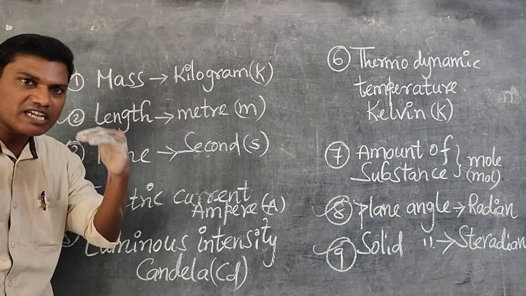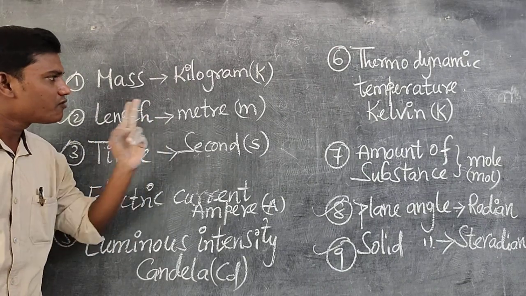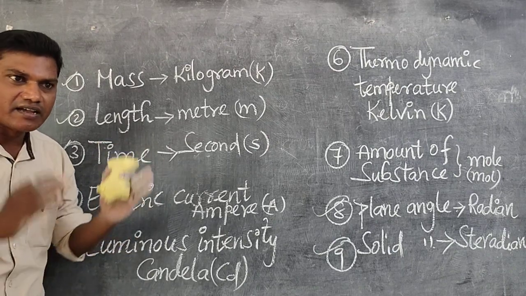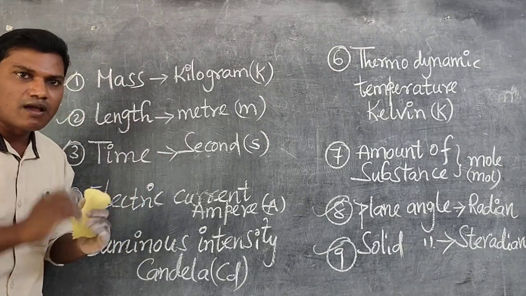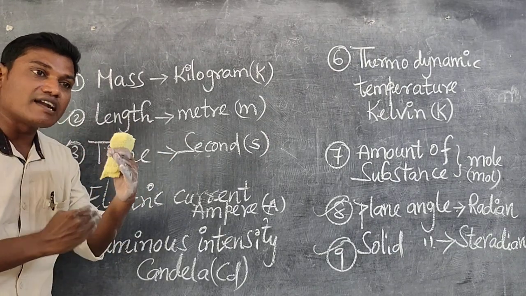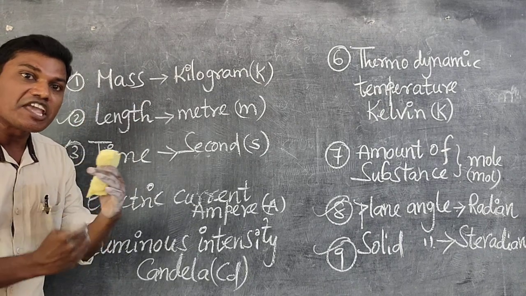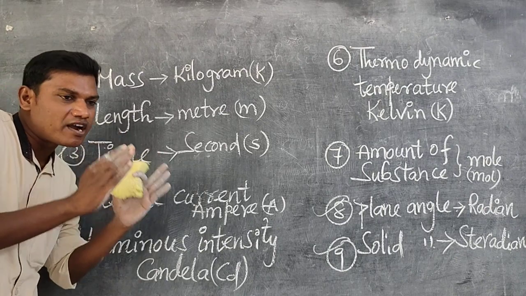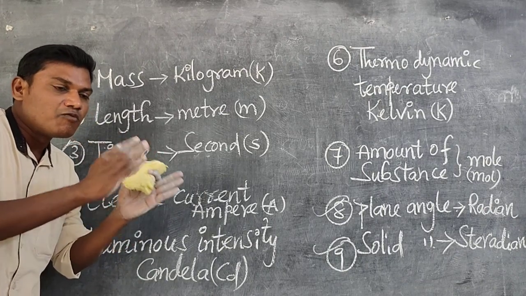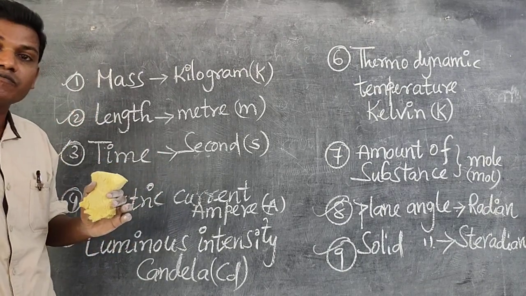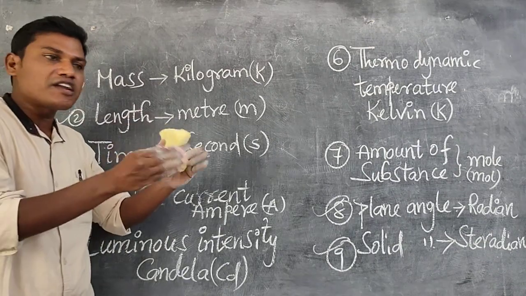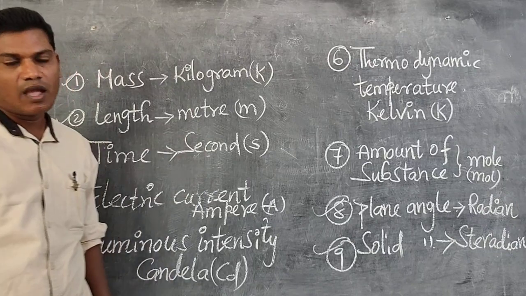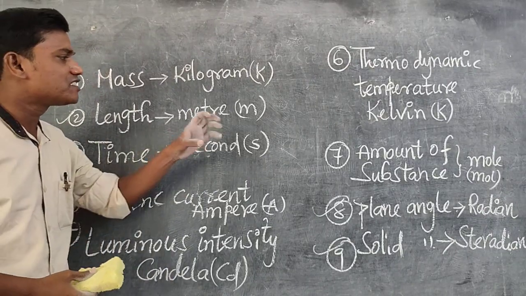Which physical quantities are called fundamental physical quantities? Simply, the physical quantities we can express directly or individually, without using any other physical quantities, are called fundamental physical quantities. How many fundamental physical quantities are there?